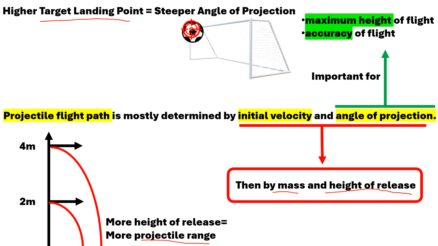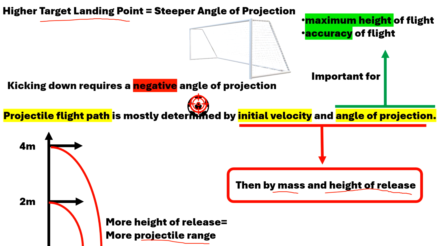So it's going to travel higher up. On the other hand, if the target landing point is lower, you need a negative angle of projection, okay? So kicking down requires a negative angle of projection.